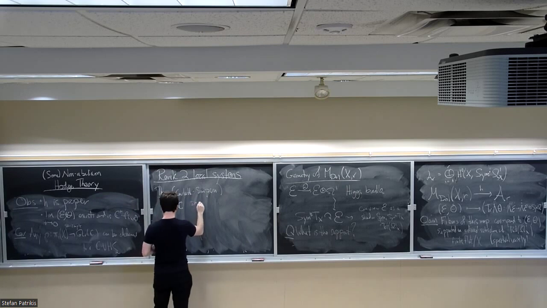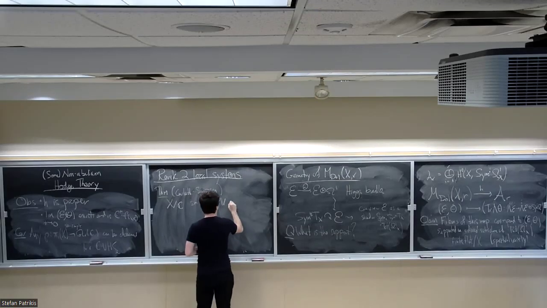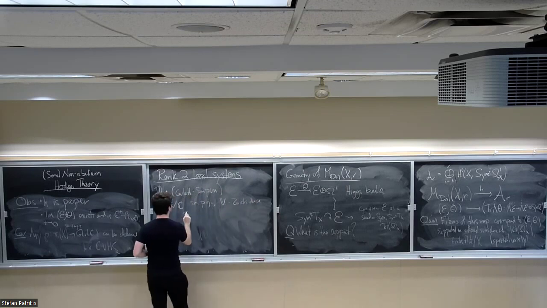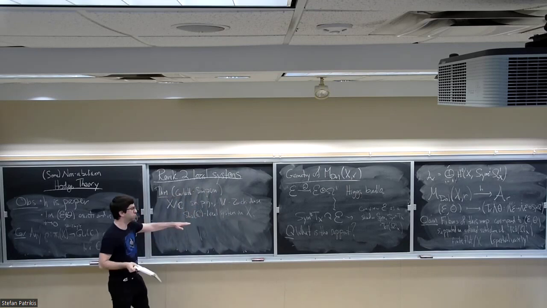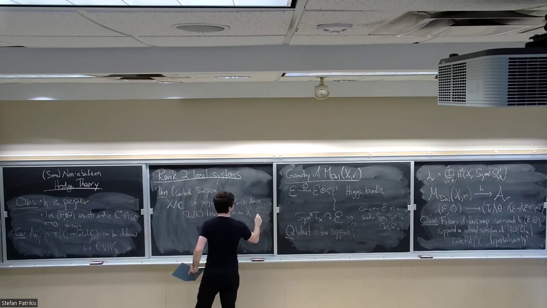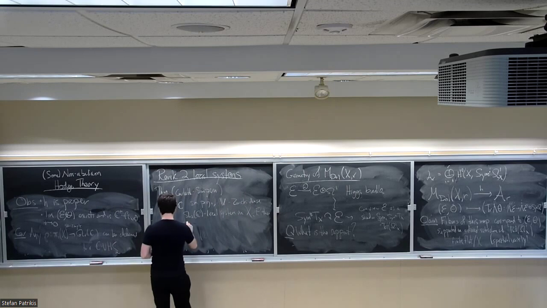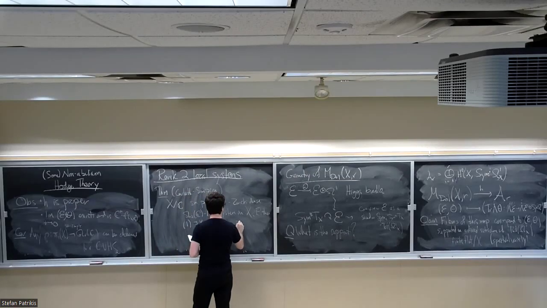So X over C is smooth projective, and V is going to be a Zariski dense SL2C local system on X. What do I mean by that? I just mean the monodromy is Zariski dense in SL2C. Then one of two things happens. There's a complete classification of these. So either one, there exists some F from X to Y, with Y a smooth Deligne-Mumford curve.